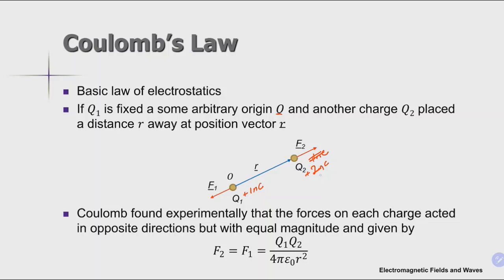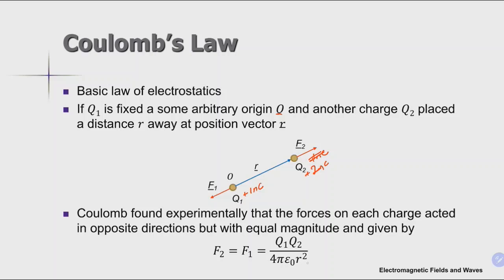It depends on the product of Q1 and Q2, so whatever the charge magnitudes are, the force experienced by both charges is the same, equal to Q1 Q2 over 4 pi epsilon naught r squared.